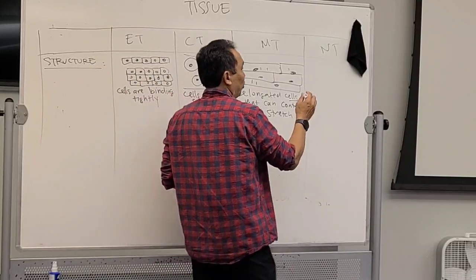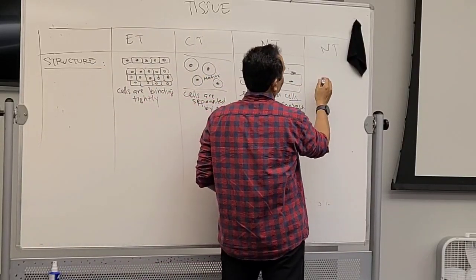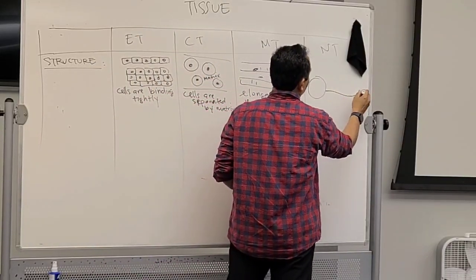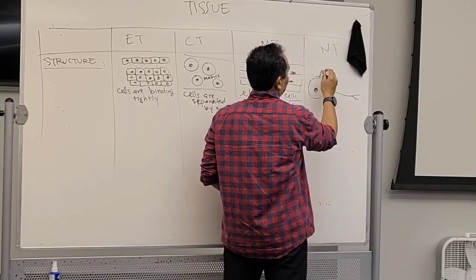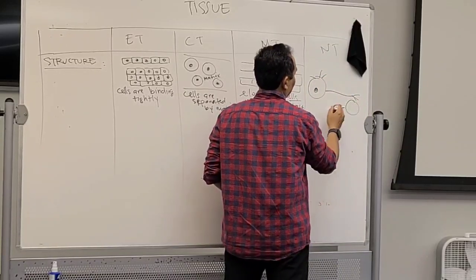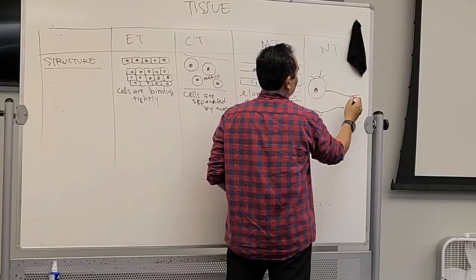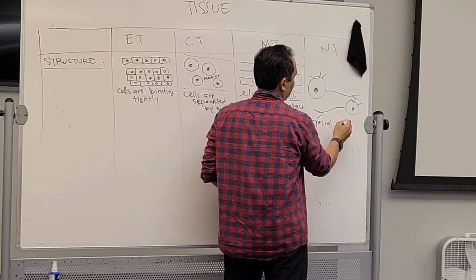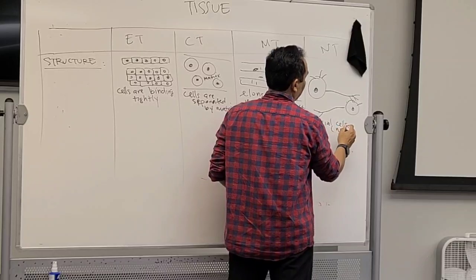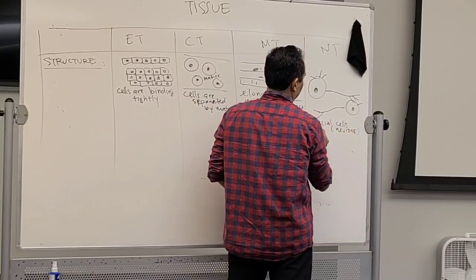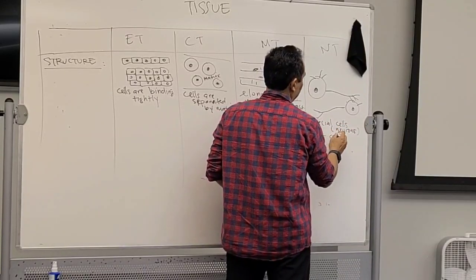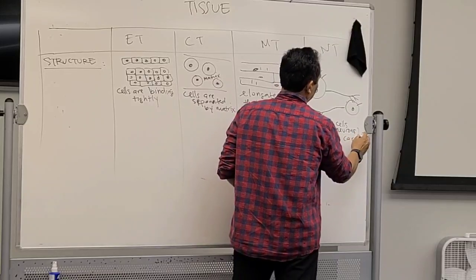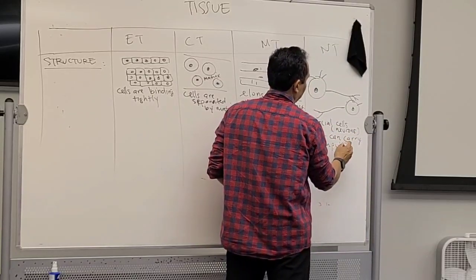The NT will consist of special cells that are able to carry impulses. The cell will be special, like this. They are called neurons that can carry impulses.